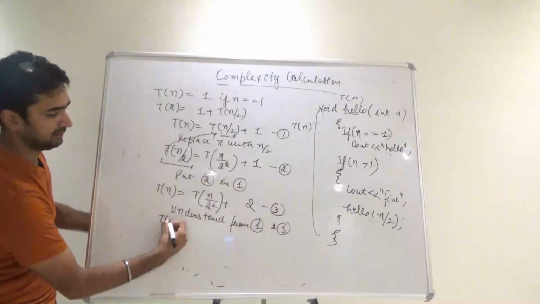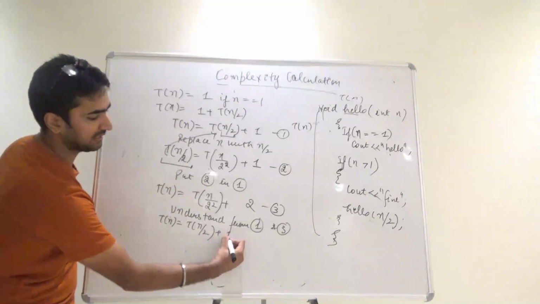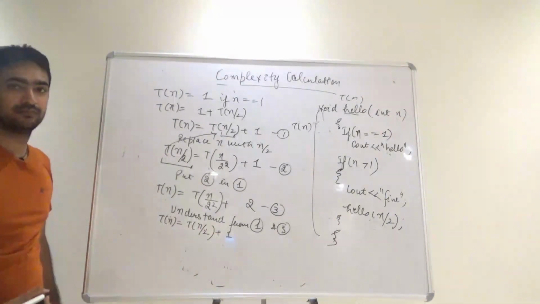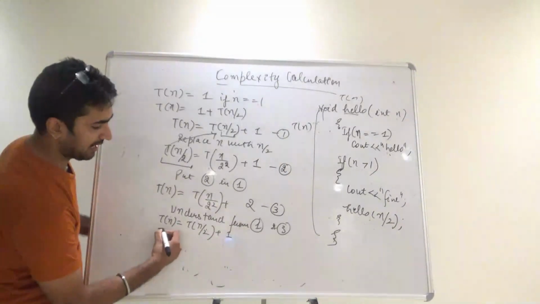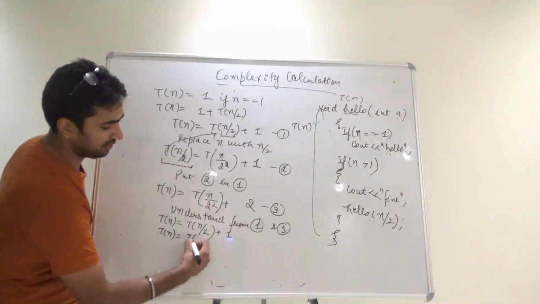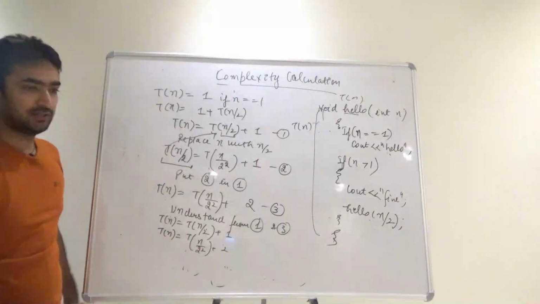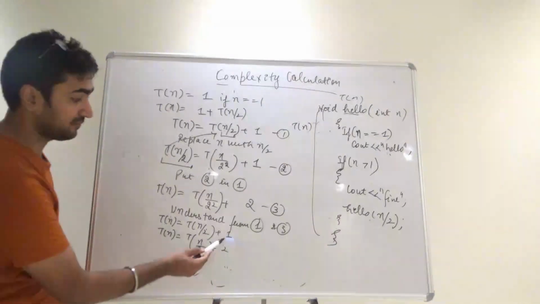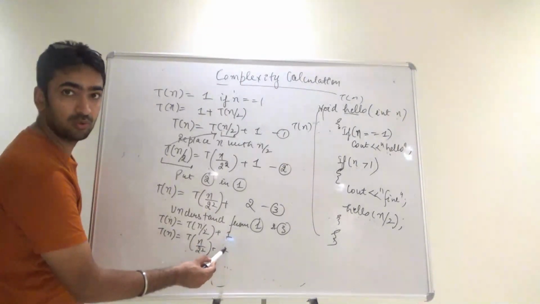One was T of n is equal to T of n by 2 plus 1, and by 3 I am getting T of n by 2 square plus 2. So, if this power was 1, the addition was 1. If this power was 2, the addition was 2.